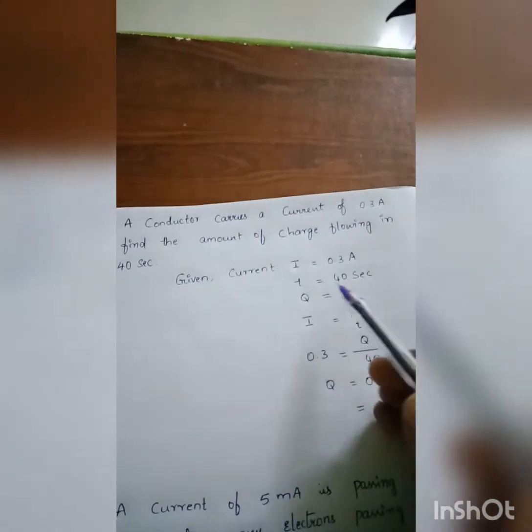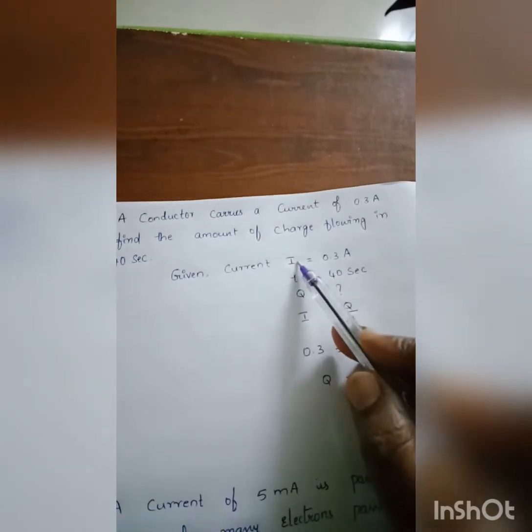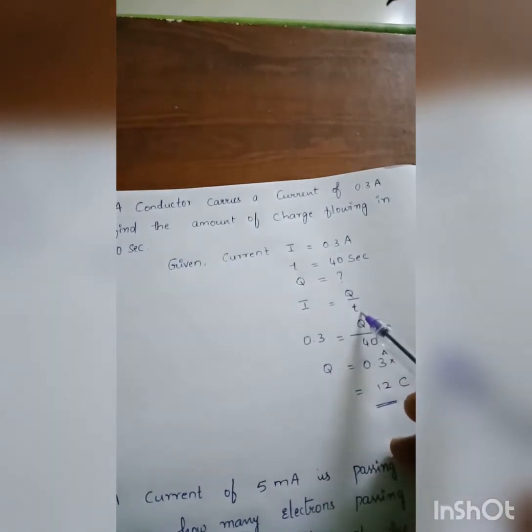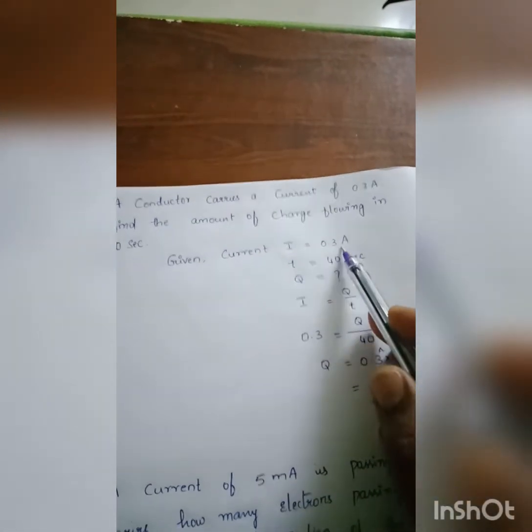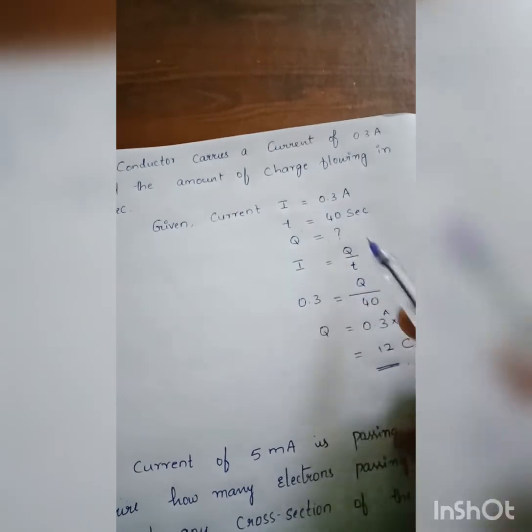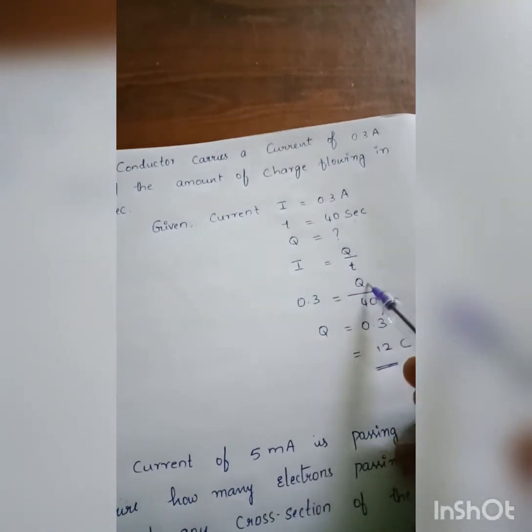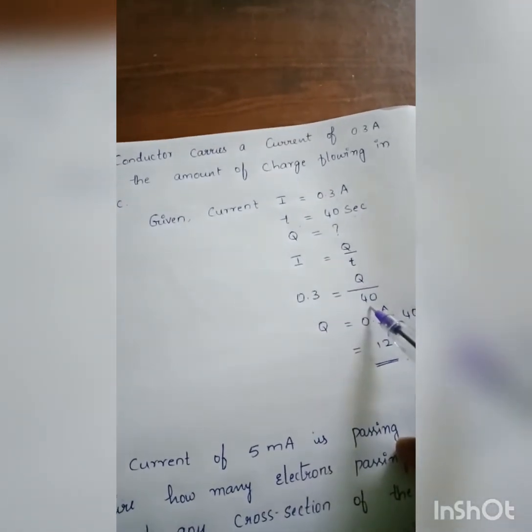Now what is the relation between Q, I and T? I equal to Q by T. Substitute the values: I equal to 0.3 amperes, Q we need to find, and T is 40 seconds.